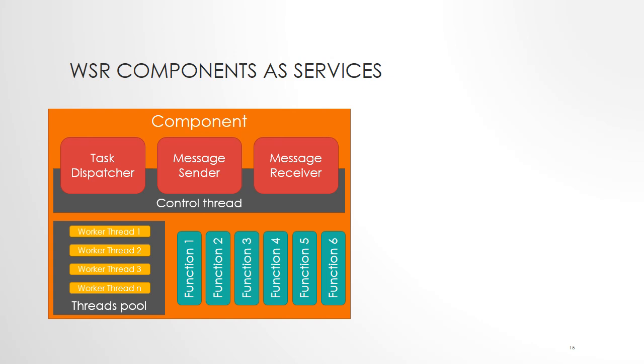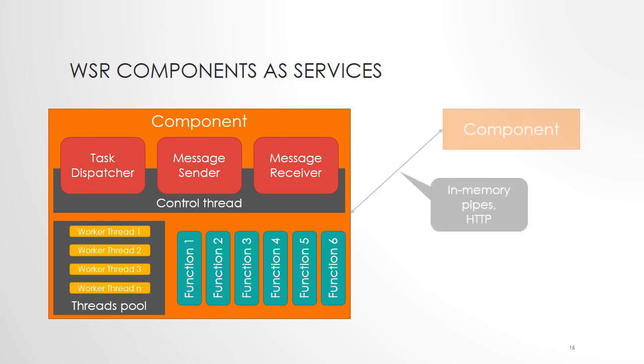Message sender and receiver are responsible for interacting with other components to invoke services, as well as receiving service requests. Communication among components can be carried out by different means, such as in-memory pipes or HTTP.